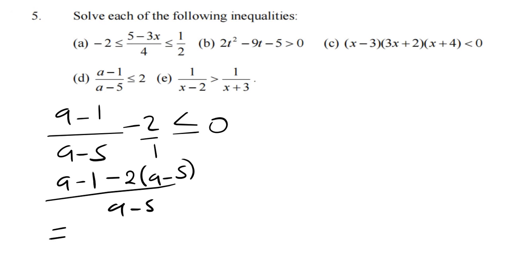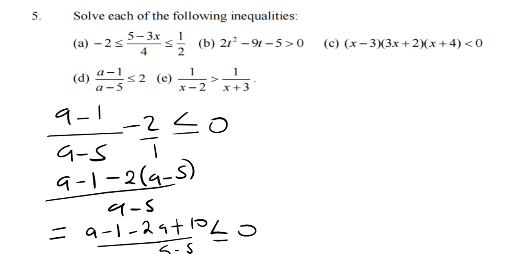Then you solve what you have on top, like any other equation. So we've got minus 1 minus 2a plus 10 over a minus 5. This is less than or equal to 0.